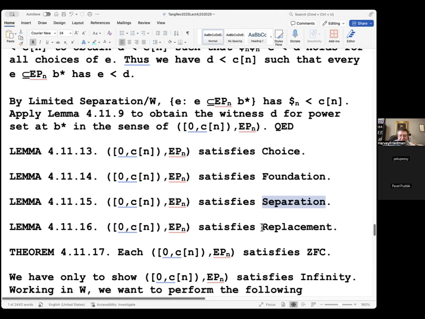Okay, and replacement also can be done fairly easily. This requires a little bit of the indiscernibility.